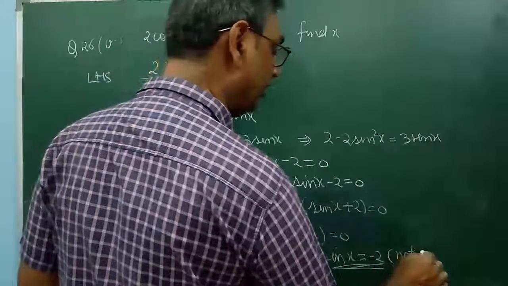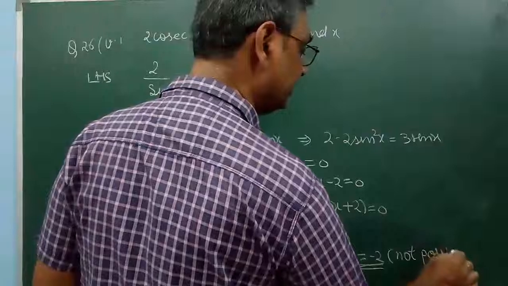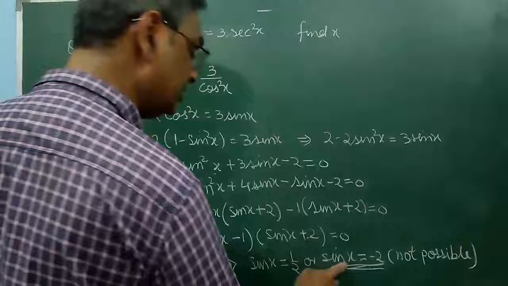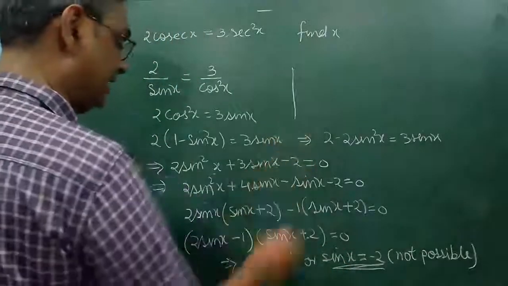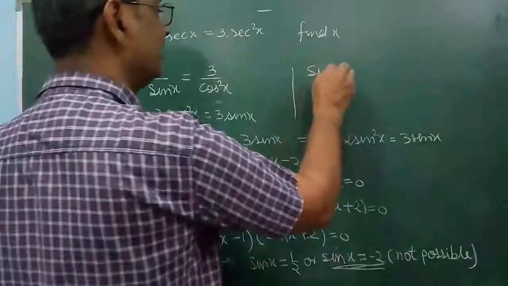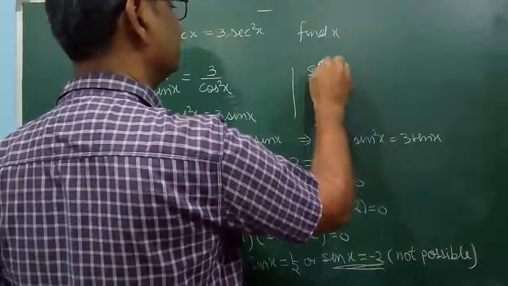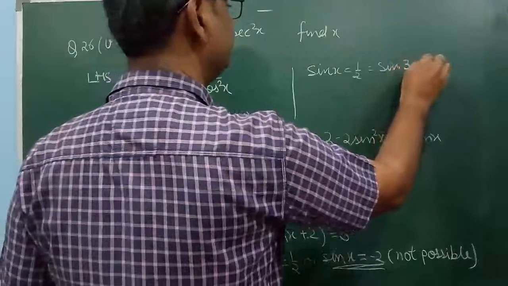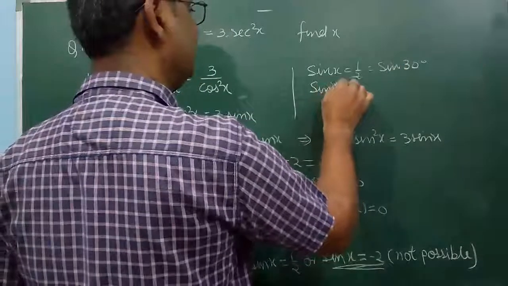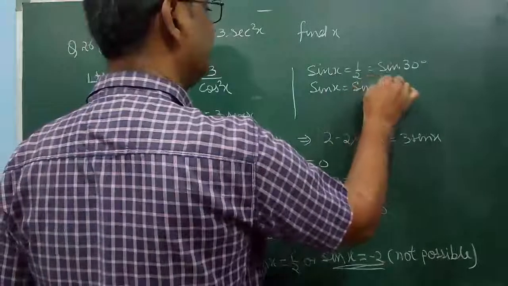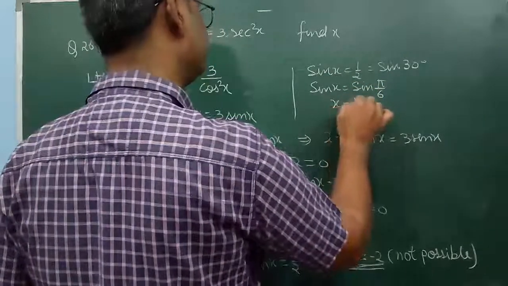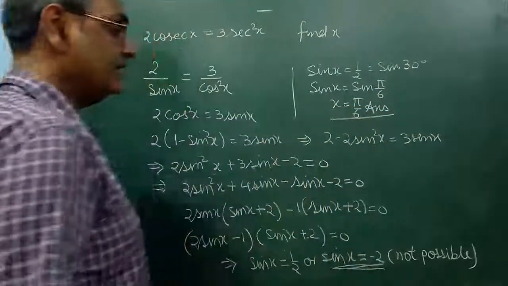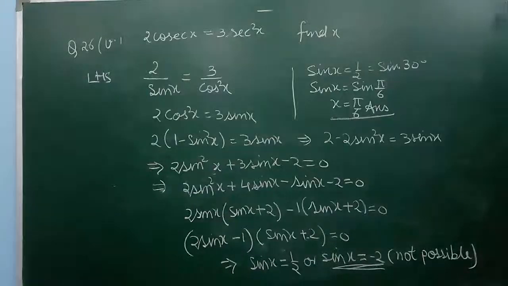Why? The maximum value of sine is 1 and minimum value is minus 1. So this is not possible. We have got sin x equal to half. Sine is half at 30 degree, means sin x equal to sine how much? Pi by 6. So the answer will be x equal to pi by 6.